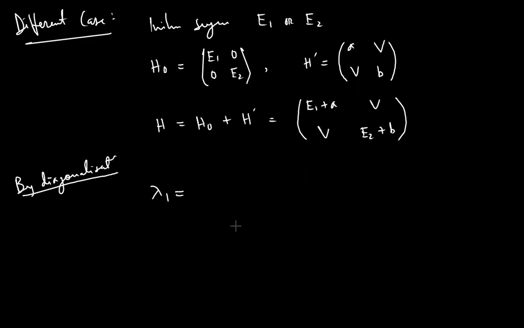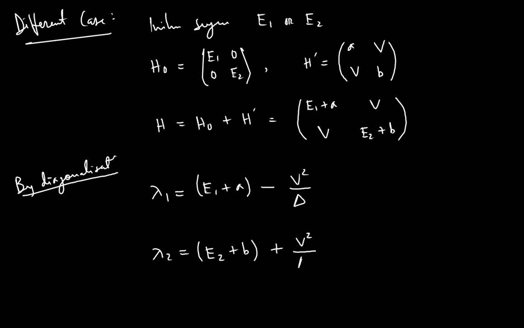In this case we will get lambda 1 equal to E1 plus A minus V square by delta, and lambda 2 we will get again E2 plus B, and this time plus V square by delta.